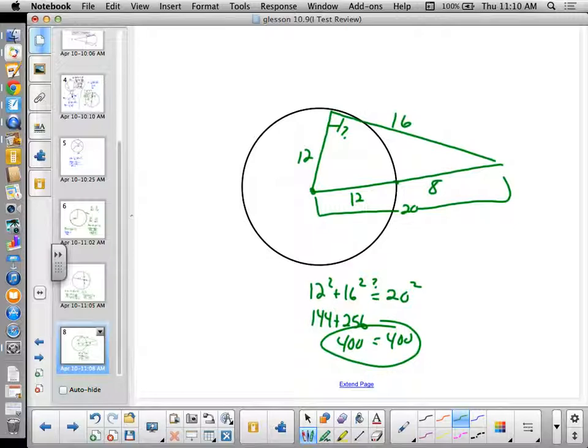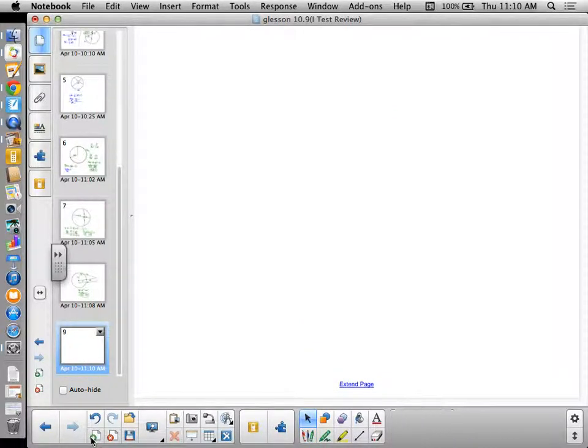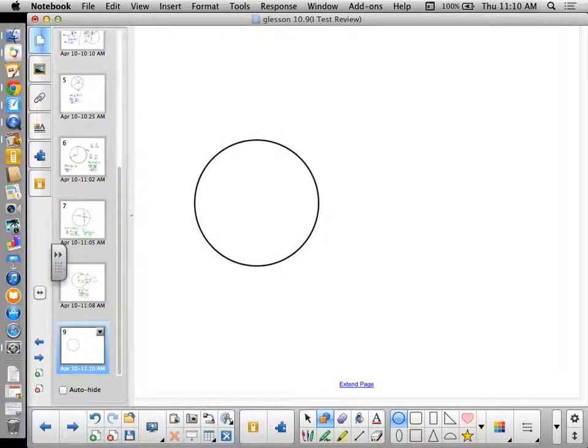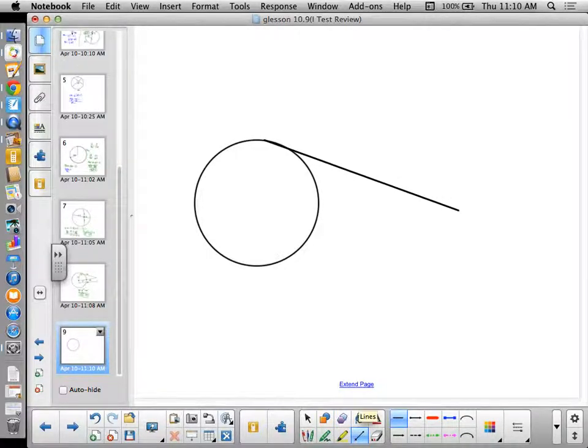By the way, for number 12, what has to be true about those angles? Is that angle going to be 84? They have to be supplementary. Got two tangent lines.